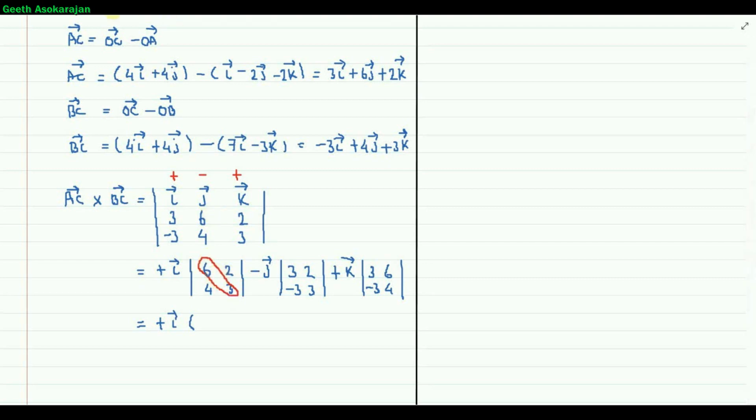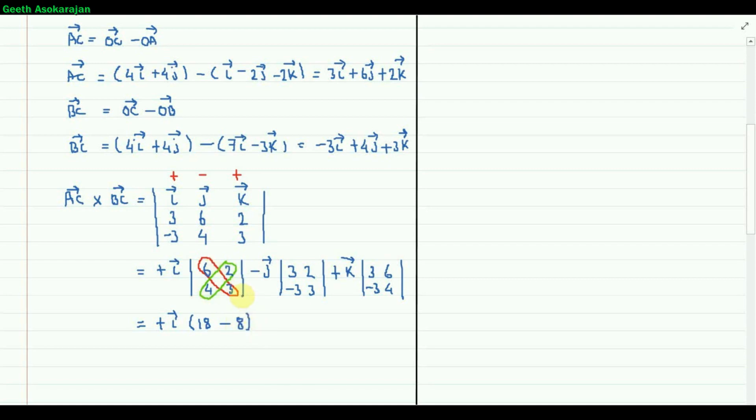So if I multiply the elements along the leading diagonal, 6 times 3 is 18. And then we subtract, we always subtract. And if I take a green pen, then we multiply the elements along the lateral diagonal. So the lateral diagonal is my green diagonal, and if I multiply the elements along the green lateral diagonal, 2 times 4 is 8.